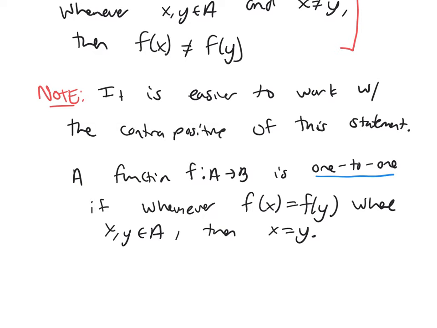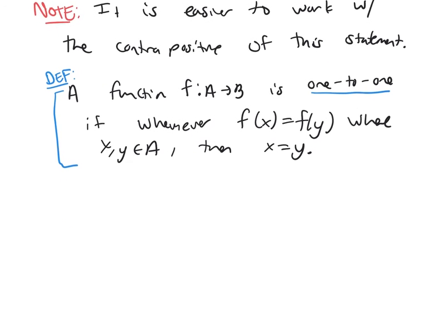So what's nice about taking the contrapositive is that it got rid of those not equal things. It's harder to show things are not equal. It's easier to show that they are equal. So this is easier to work with, and this is usually what people use as the definition of one-to-one.